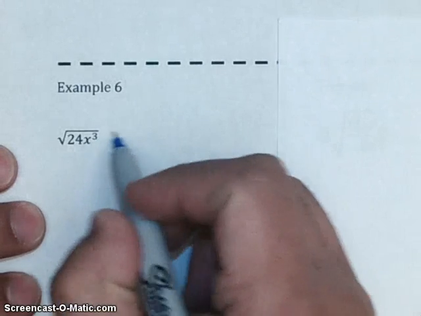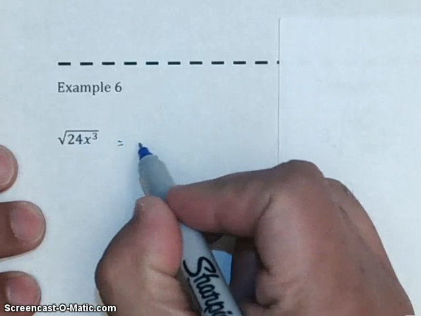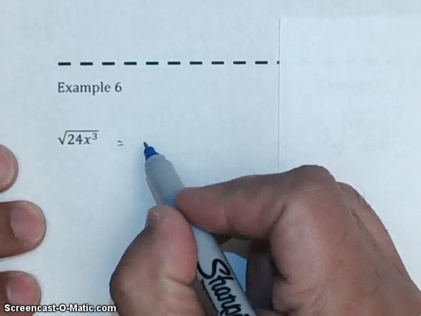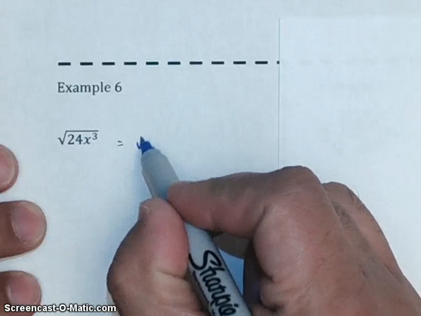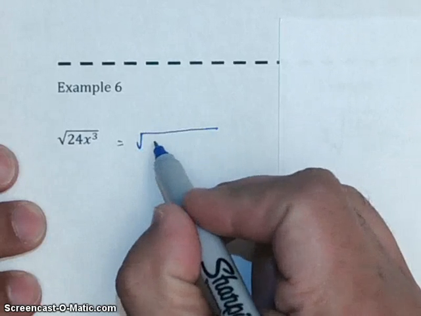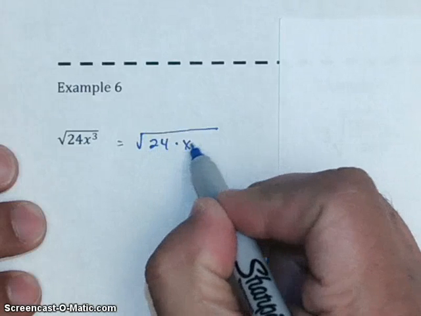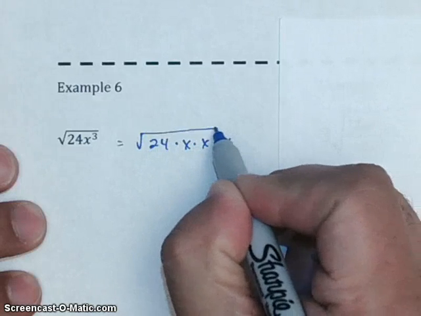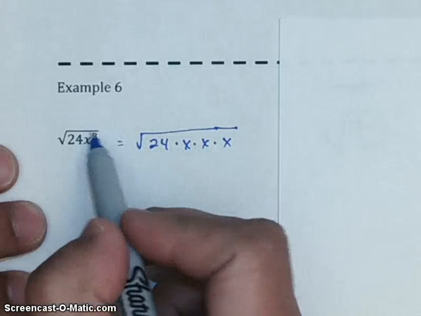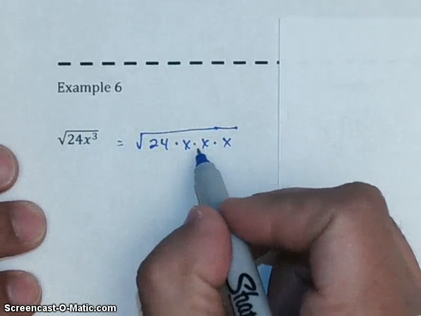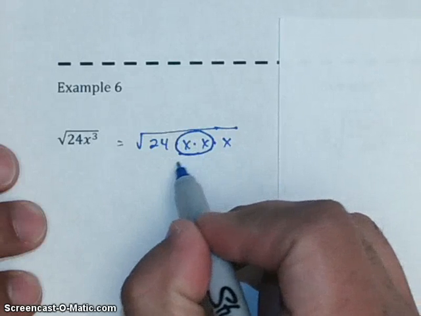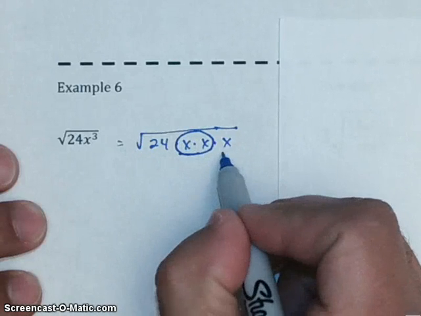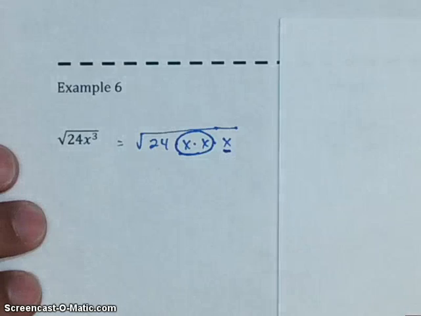But not to worry, because I can rewrite this as 24 times x times x times x. Alright, so the exponent part is actually the easy part because I'm looking at pairs. So now I'm going to have a pair of x that comes out, and then there's going to be one x that's left over.